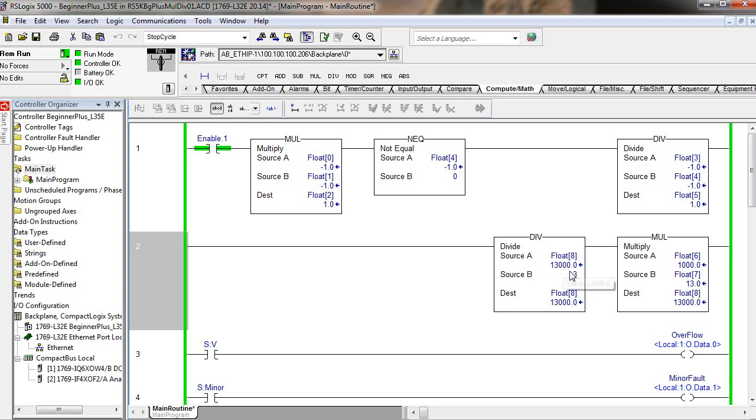If we divide it by 3, we get 4,333, whatever it was. Then we're multiplying 1,000 times 13, which has nothing to do with this operation. And it puts a result in here of 13,000. And so next time around, it's dividing 13,000 by 3, but we're not seeing 4,333 here because of the order that these are being executed in. And, oh, there it is, 4,333.335.